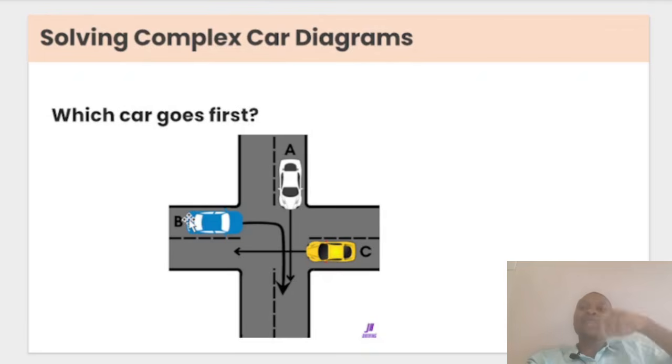So car B will forfeit its right of way to car C because of the second road rule, which says that car B cannot turn right in front of oncoming car C. So car C will move first, and soon after car C, car B will turn right, and the last car to go is car A. So the first car to go is car C, second B, the last is A.